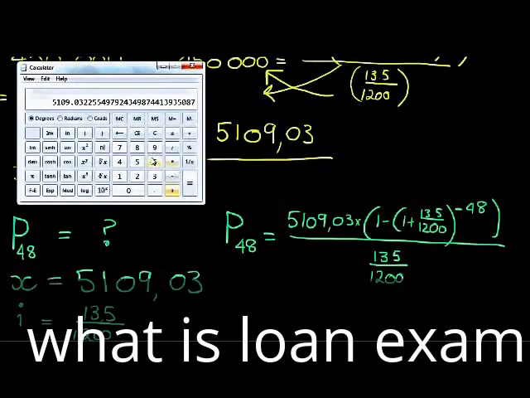And now if we go calculate, that is 5109.03 times, in a bracket, 1 minus another bracket 1 plus 13.5 divided by 1200, close the bracket, to the power of the critical step, negative 48, close that, and divide with this bracket 13.5 divided by 1200.